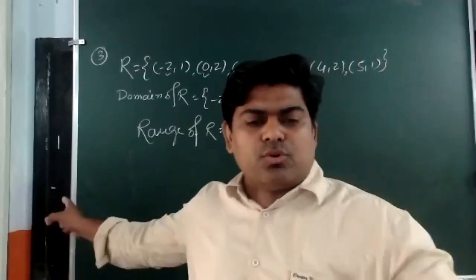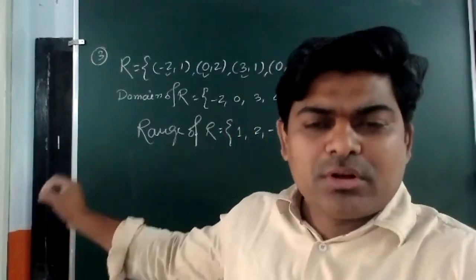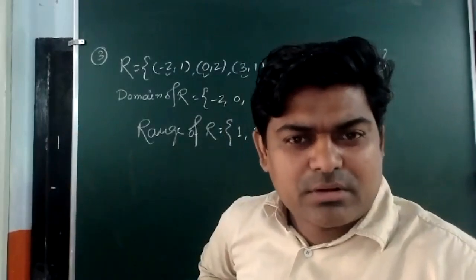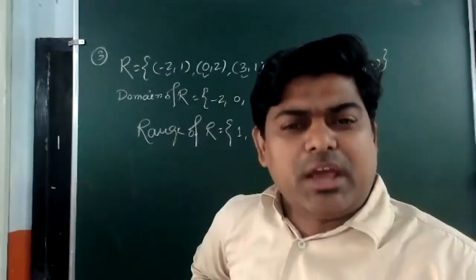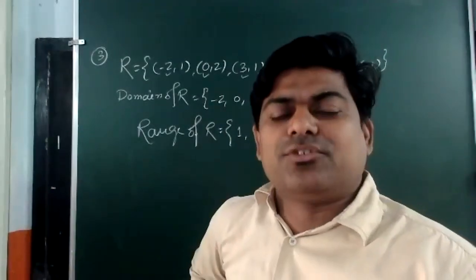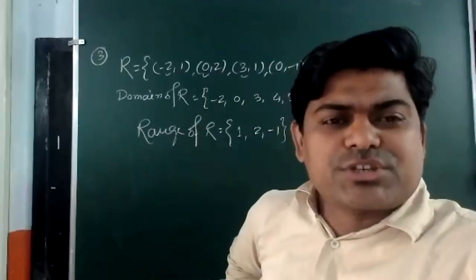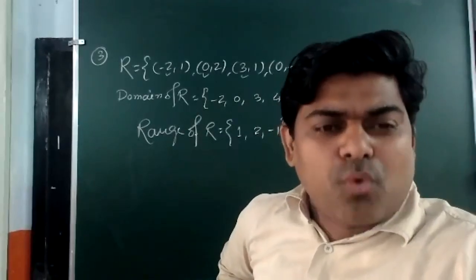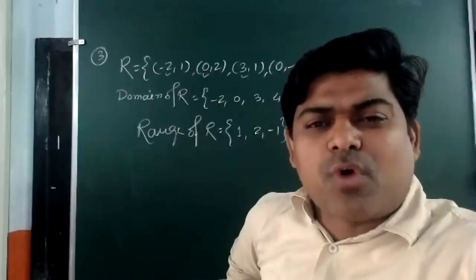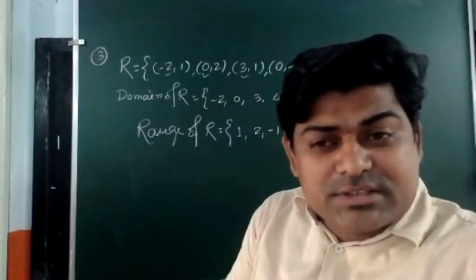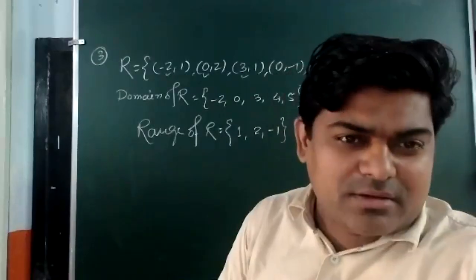I think I wrote here y is equal to x plus 1. Did I give one example or not? I took A and B two sets, and R is equal to {(x, y) such that y is equal to x plus 1}. Y is equal to x plus 1 means what? Y is 1 more than x. In other words, I can say x is 1 less than y.